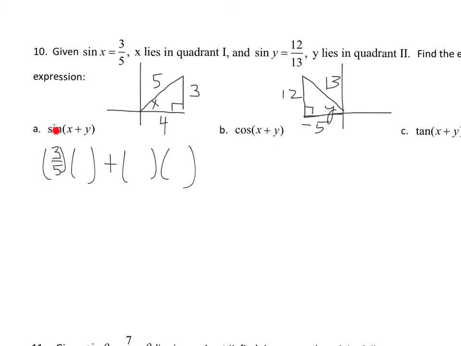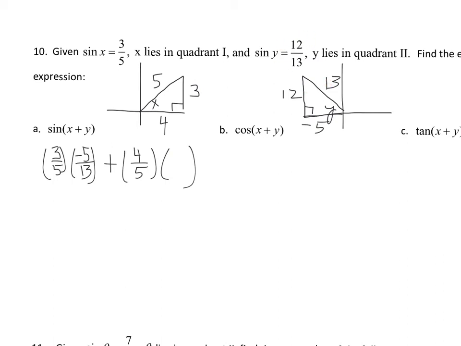Again, this is the right-hand side of our sine sum formula that we're working out. Sine x, cosine y, so I go to my y triangle and cosine is negative 5 over 13. Now cosine x: I go to x, adjacent over hypotenuse, which is 4 over 5. And then sine y, I go to y over here and have 12 over 13.